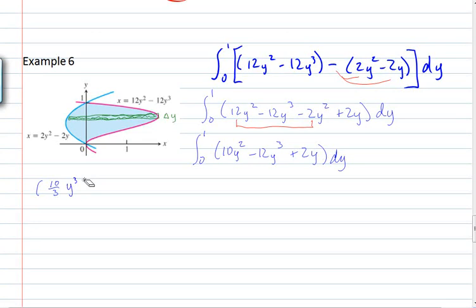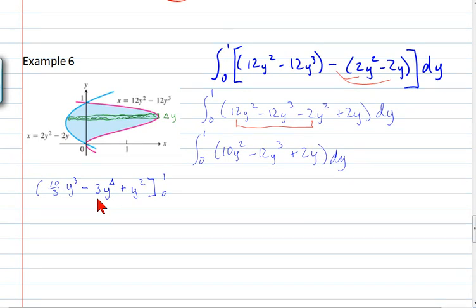Or we could write 10y cubed over 3. It doesn't really matter. I'll write 10 thirds y cubed minus 3y to the 4th plus y squared evaluated from 0 to 1. Now, are there any questions about the mechanics here? It's 12y to the 4th over 4, and 12 divided by 4 is 3. That's the 12 over 4 reduced to 3.